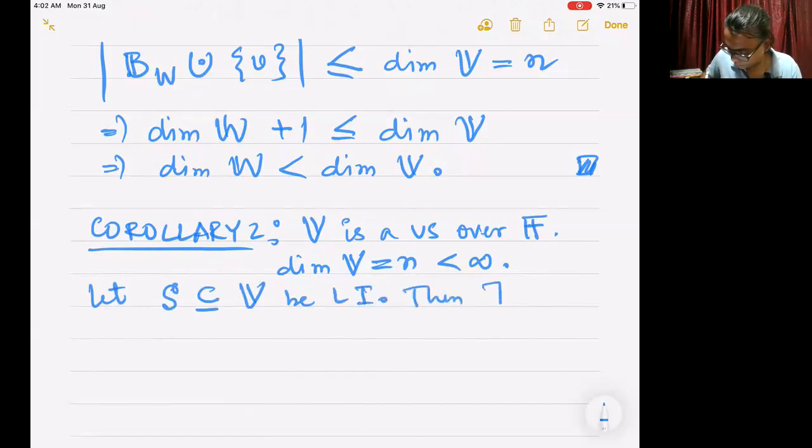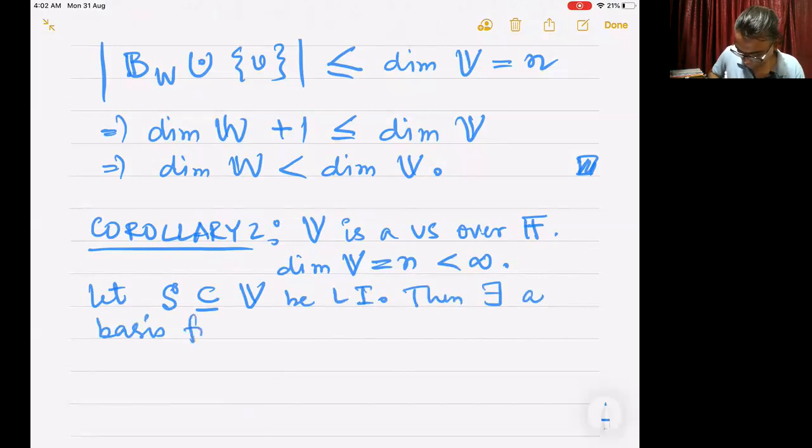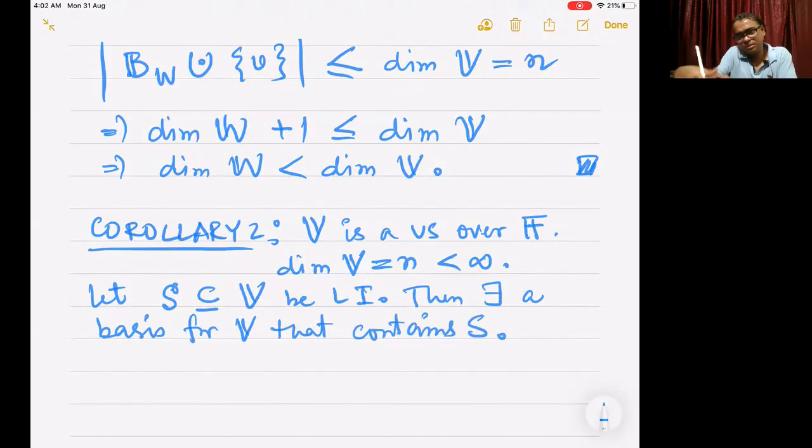Then there exists a basis for V that contains S. This doesn't even require a proof because it's something that we have already proven in the theorem.